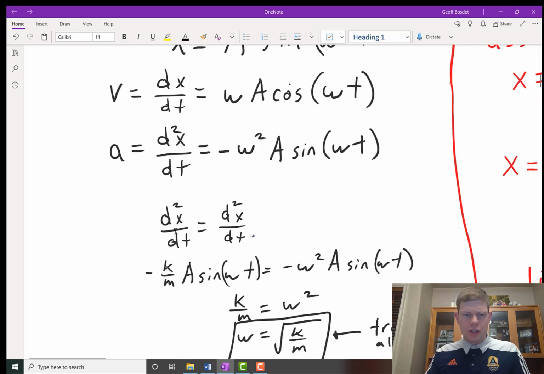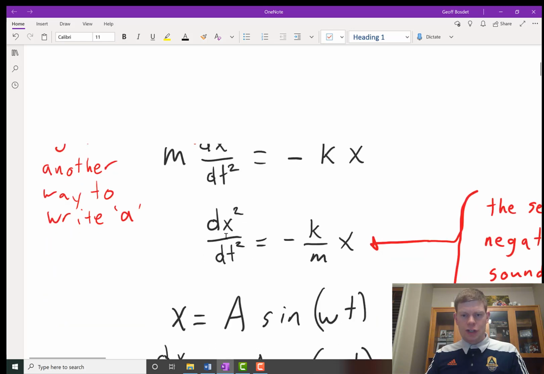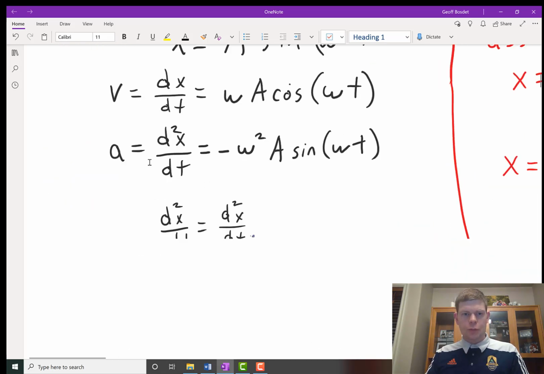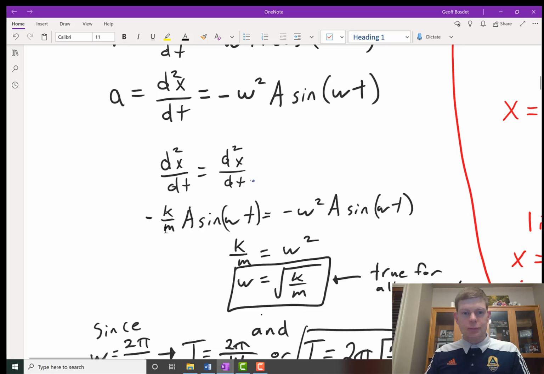If we say our second derivative equals our second derivative, before up here, when we rearranged, we decided our second derivative was equal to negative k over m times our original displacement. And with our assumption, it's negative angular velocity squared times the amplitude times sine omega t.